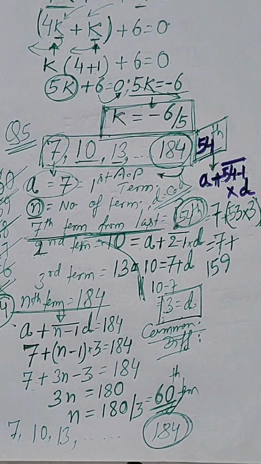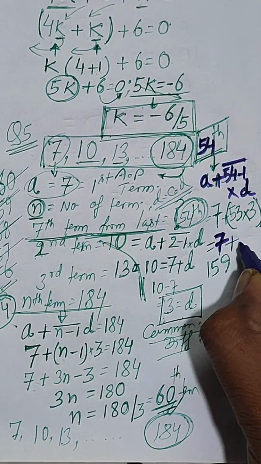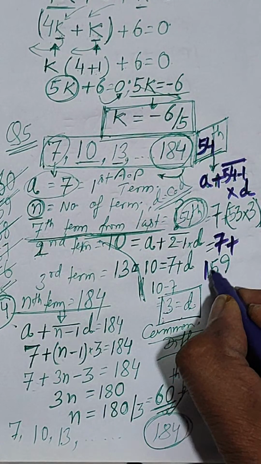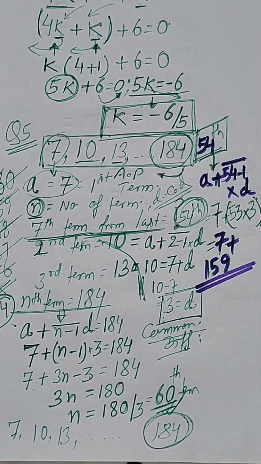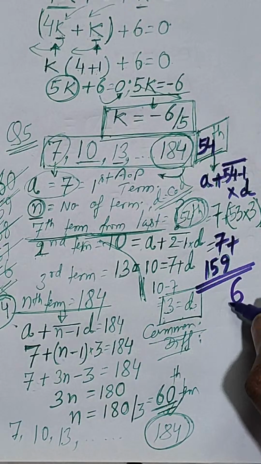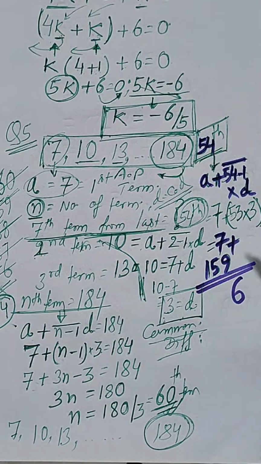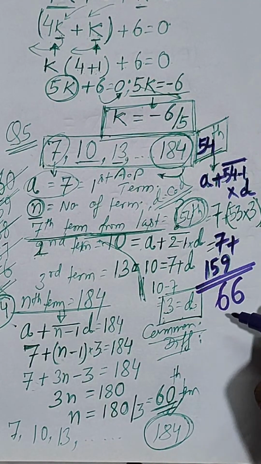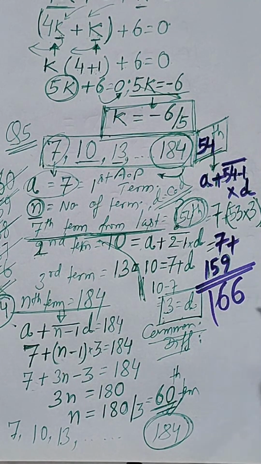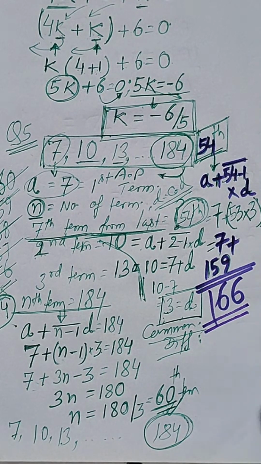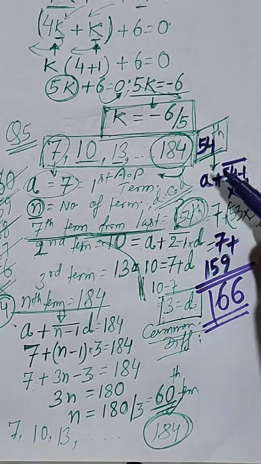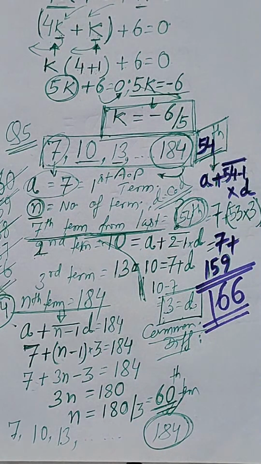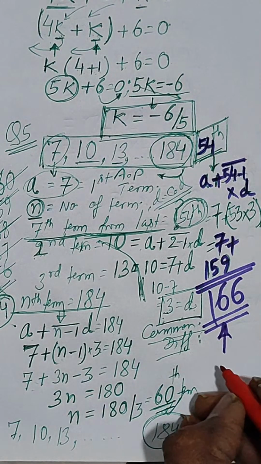So 7 plus 159 is 166. So the seventh term from last for this AP is the 54th term, and its value is 166.